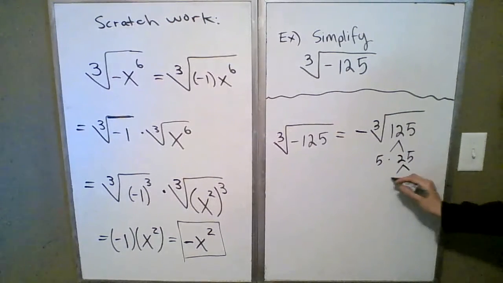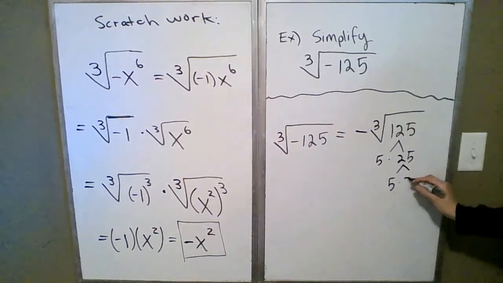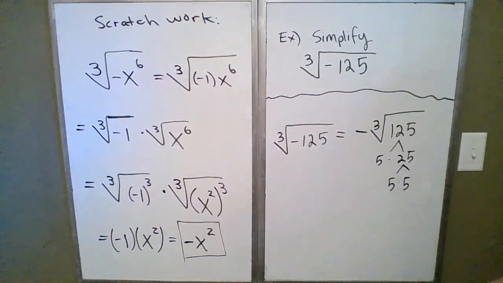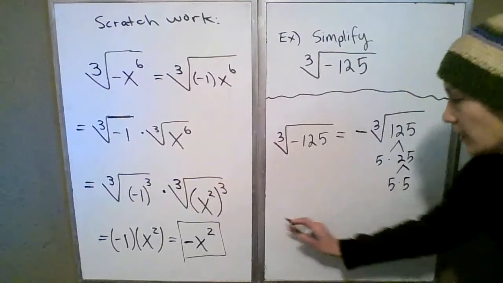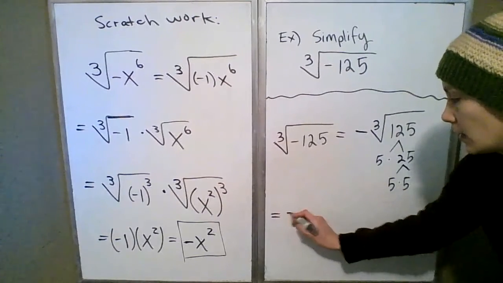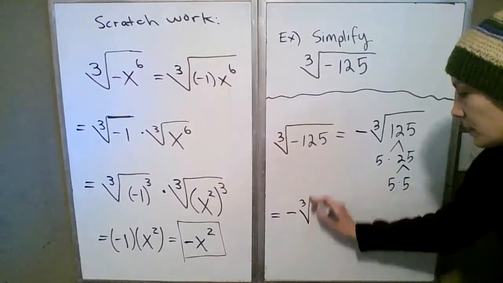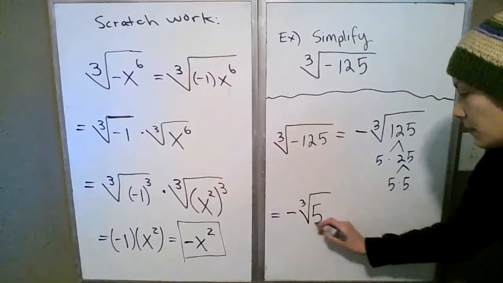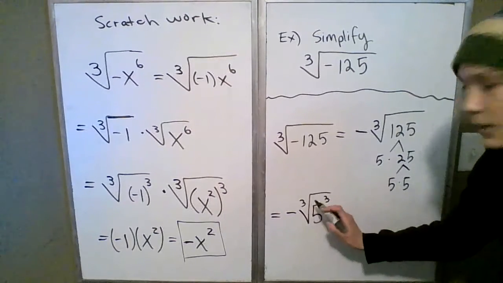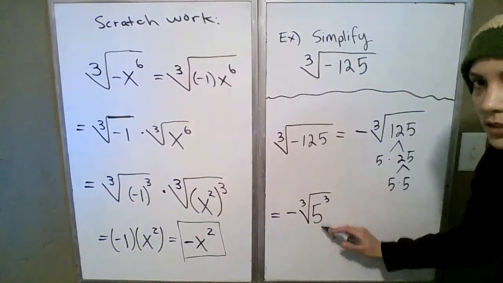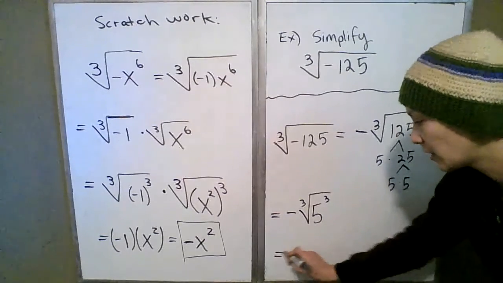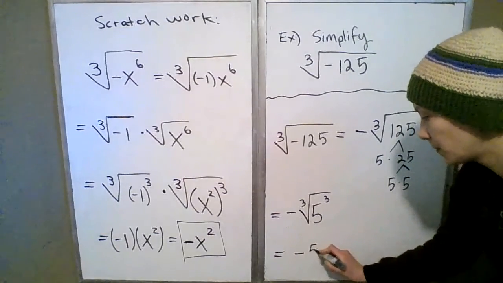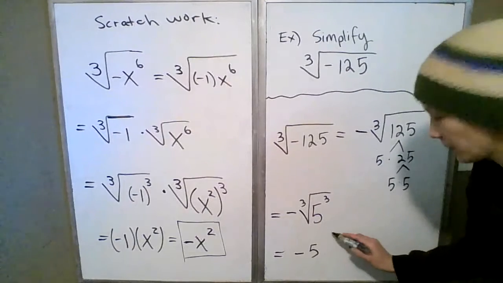Just 5 times. So this is a negative cubed root of 5 cubed. So when that root and power match, what's left is 5. And don't forget your negative sign out front. -5.